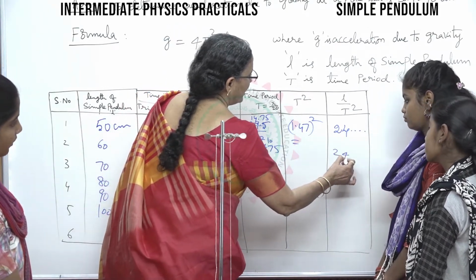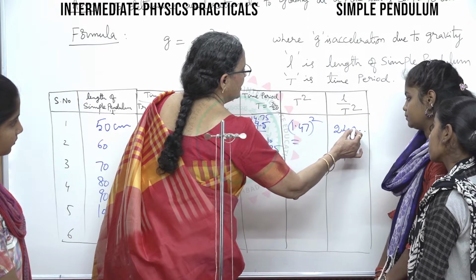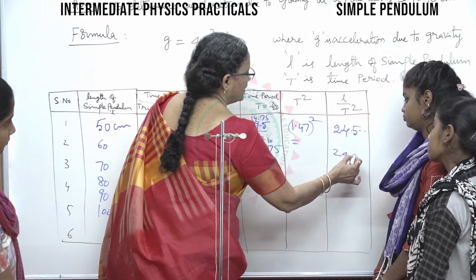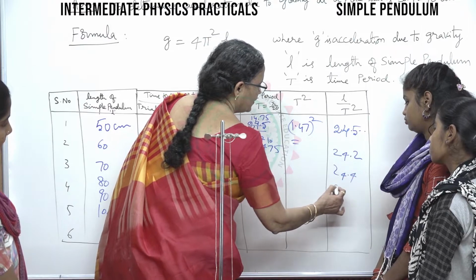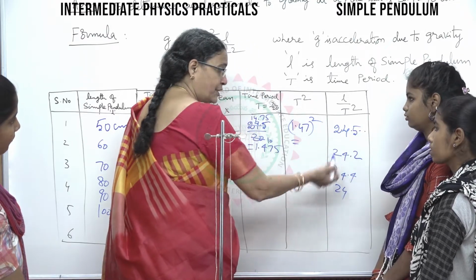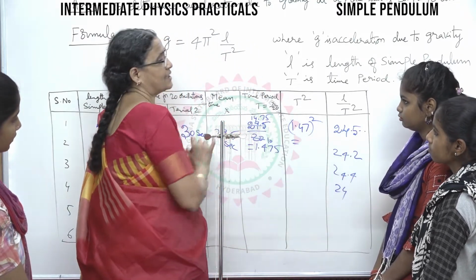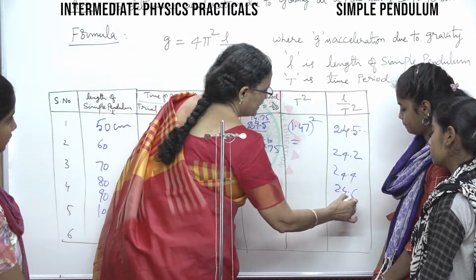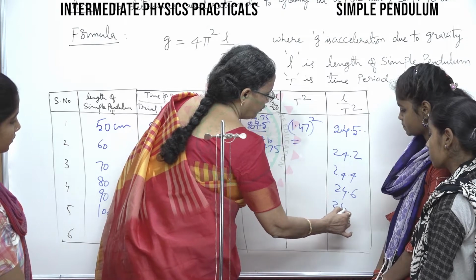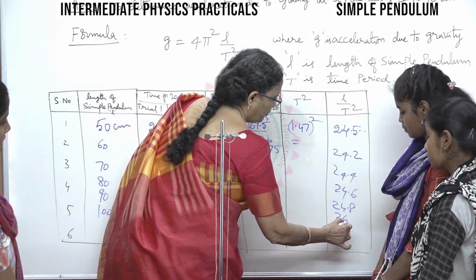Say for one I got, roughly I am writing, 24.5, another one 24.2, 24.4. Length may increase; if length increases, time also increases. Then 24.6, 24.8, 24.9.